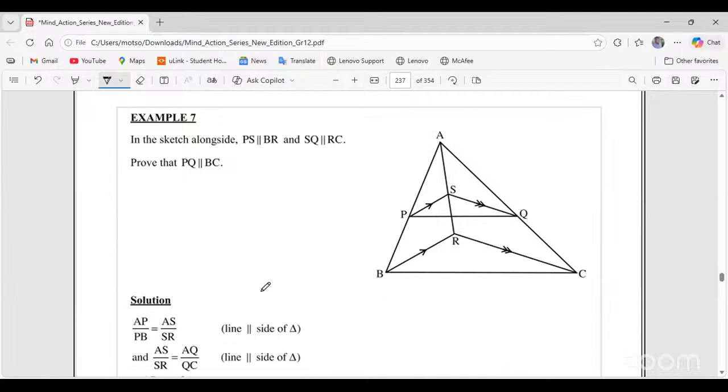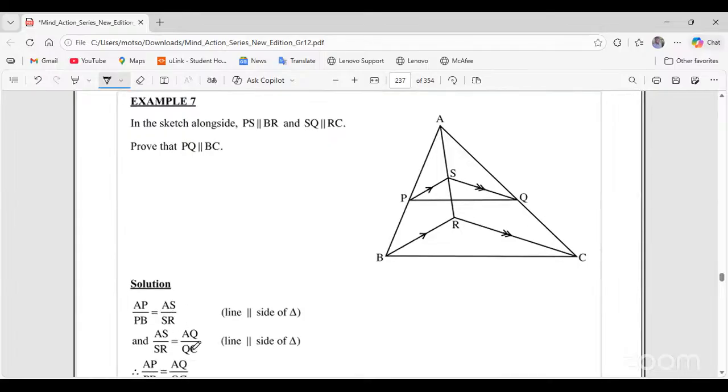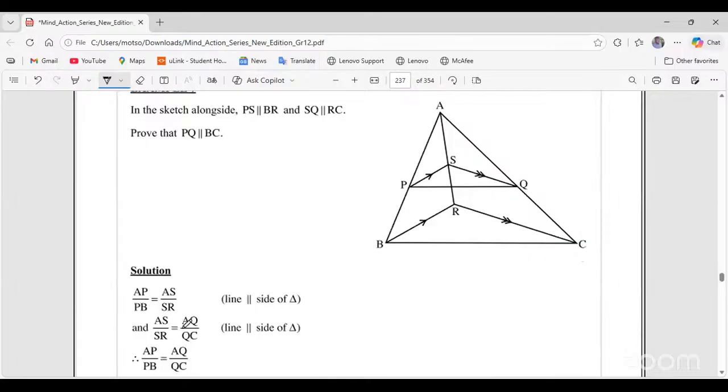With this one, I will just simply explain their solution from here. We have AP over PB in this triangle, which is equal to AS over SR. Why? Because I use the proportionality theorem since this line is parallel to that line.